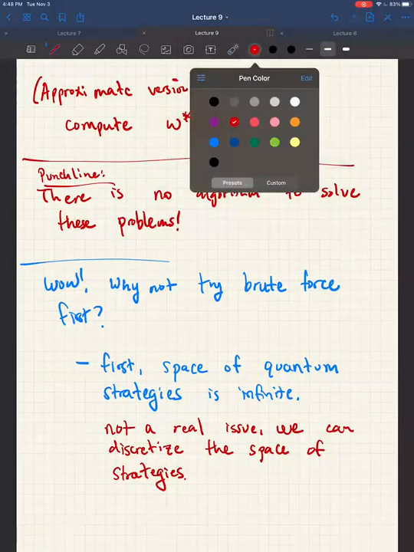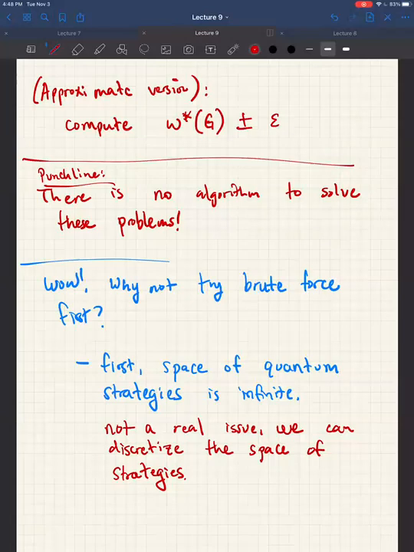So if we discretize the space of strategies, then of course we can only settle for approximate answers. Right? Couldn't you use rigidity here as well? Maybe you're not guaranteed that you can, but in many cases. Well, we only know of rigidity for just a handful of games, to be honest, a select few that we discussed, like CHSH and Magic Square. But you can imagine coming up with crazy games, right?